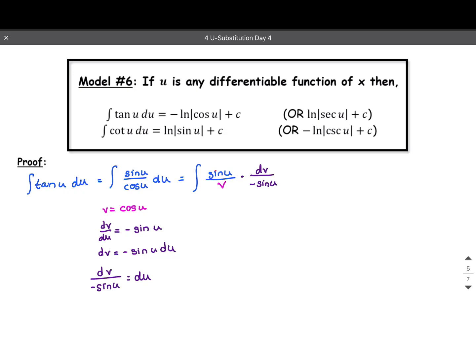Okay, so my sine u's cancel, but there's a negative. They actually divide to -1. So it's going to be the negation of the integral of 1 over v dv. Well, that's the negation, and I know that the antiderivative of 1 over v is the natural log of the absolute value of v plus c, equals the negation of the natural log of the absolute value. But what was our v? That was cosine u.